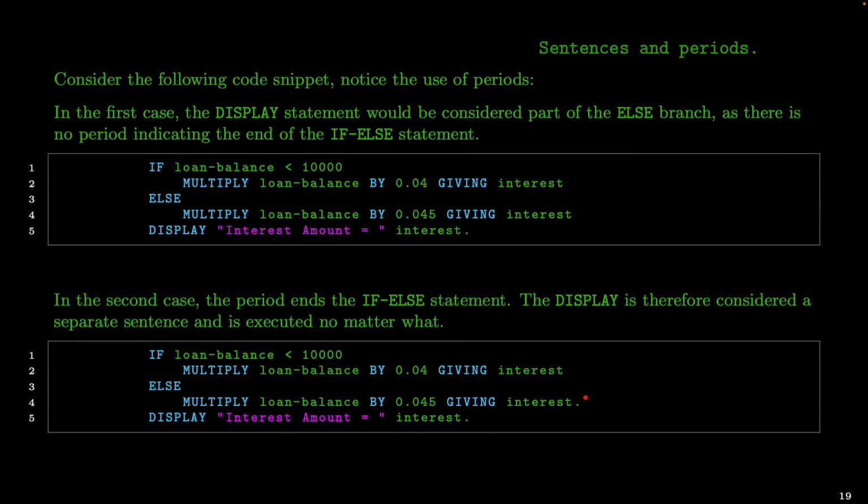Alternatively, we could place a period here after the multiply. In that case, the compiler will think, okay, that else branch is over after this period, and the display instructions will be used in any case. So we will display the interest amount no matter what the loan balance is.